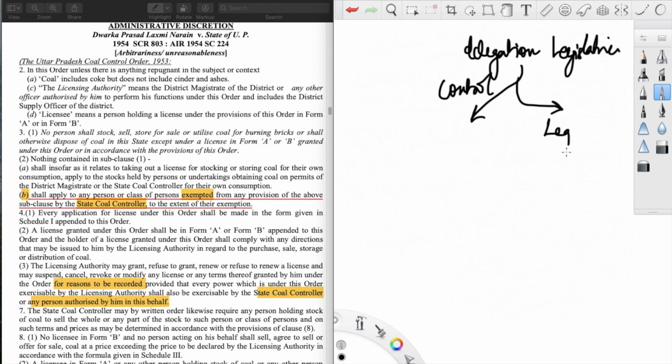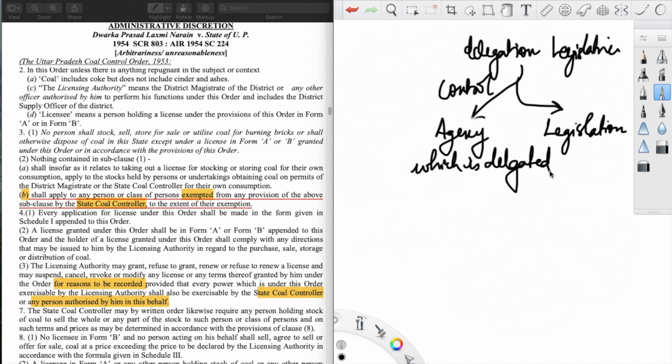One is the control of the legislation, and the other is the control of the agency which is delegated the legislative function.